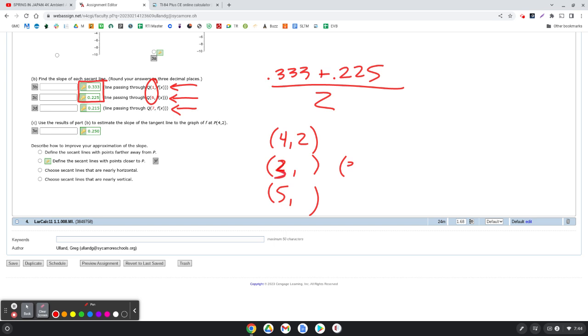Duh. How about we do a 3.5 and a 4.5? Every time we get closer and closer, we're kind of like doing the limit process. We're getting our delta x to be smaller. It'll be a better estimate for what the tangent lines are. And that's what this is asking you to do. Move the secant lines closer to P.